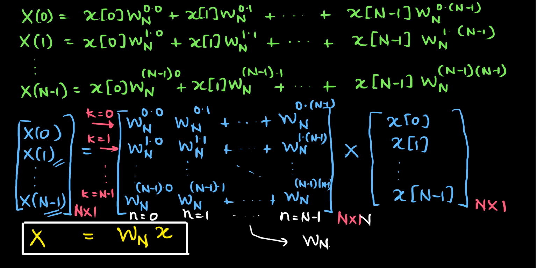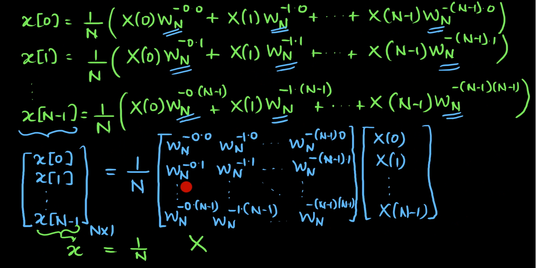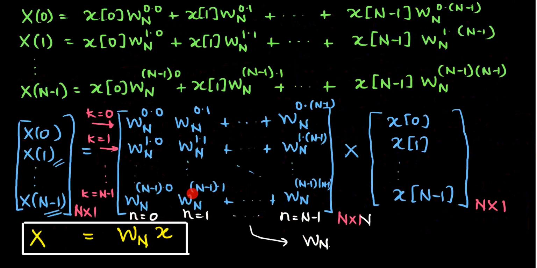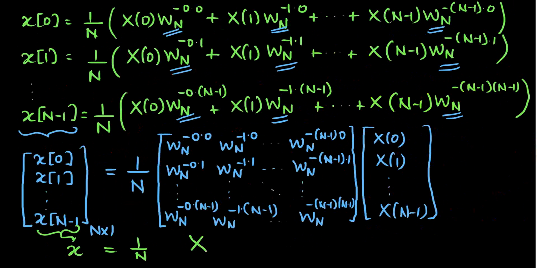Moreover, if we have a negative sign at the exponent, then we are going to get the same matrix, which means that this matrix here is simply the Hermitian of this matrix. So we can represent this as Wn Hermitian, and this is the matrix form representation for the analysis equation, for the synthesis equation for the n-point DFT.